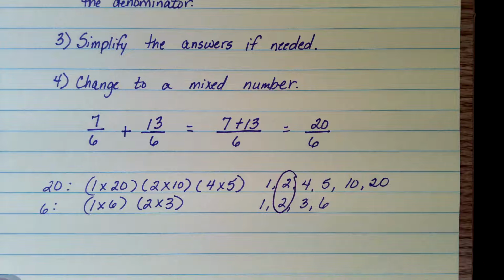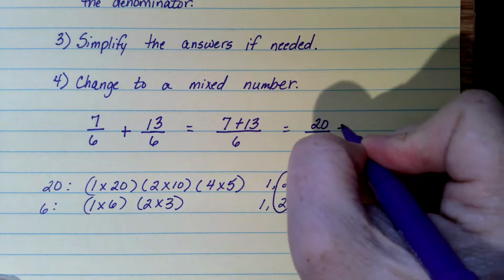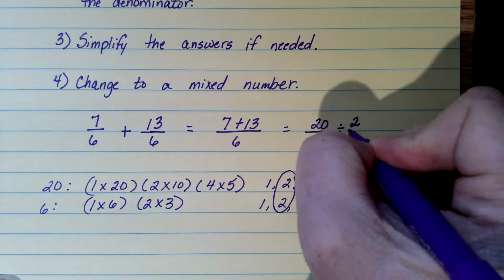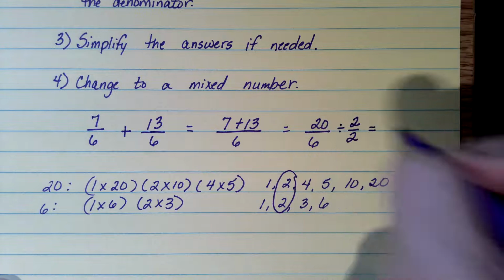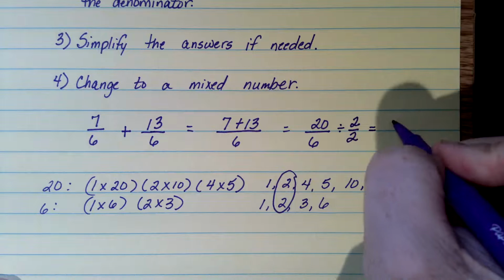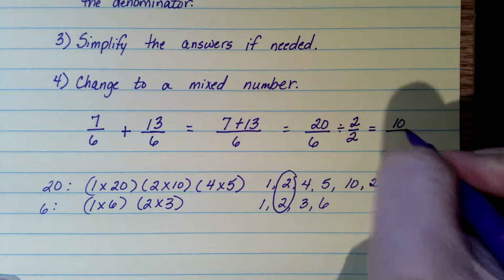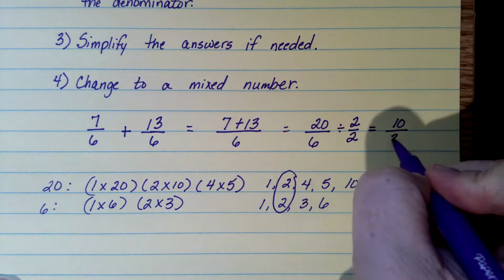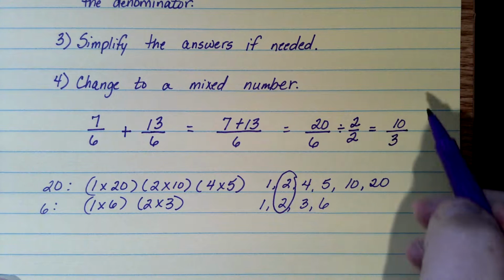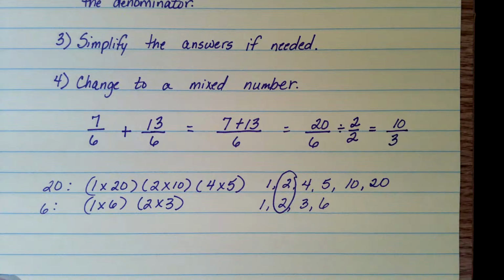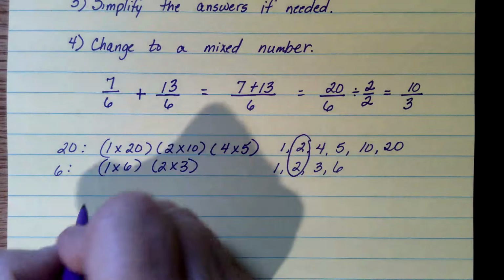So I'm going to divide 20/6 by 2 halves. 20 divided by 2 is 10. And 6 divided by 2 is 3. So now I have simplified. I still have an improper fraction, but it's a simplified improper fraction.